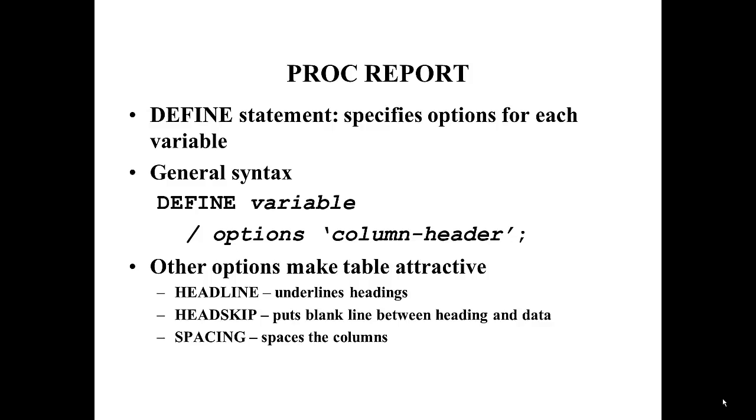And then there are some other options to make the table more attractive. These options include the headline option, which underlines headings, the head skip option, which puts a blank line between the heading and the data, and spacing to space the columns. And these options go right on the Proc Report statement.